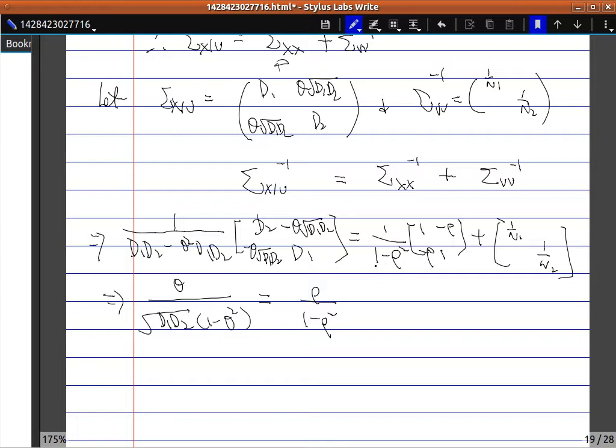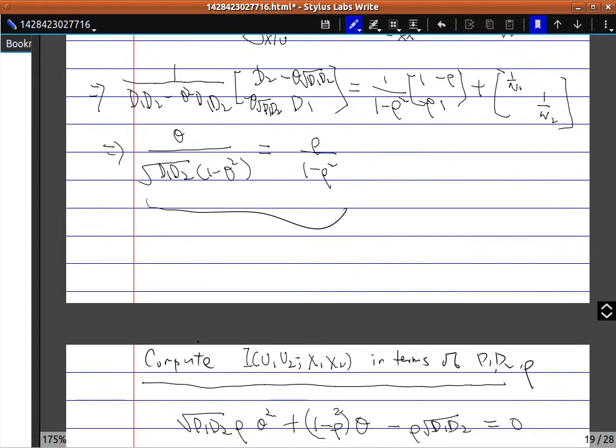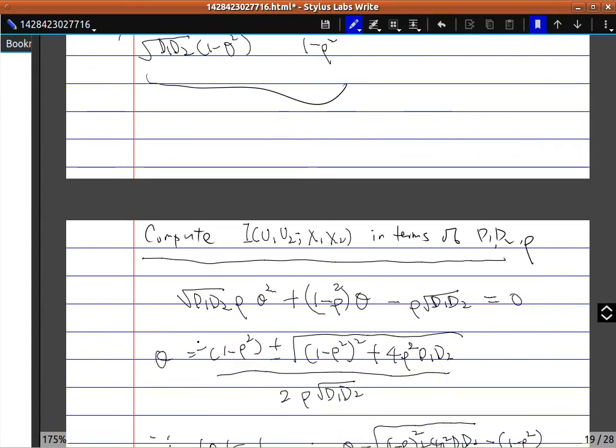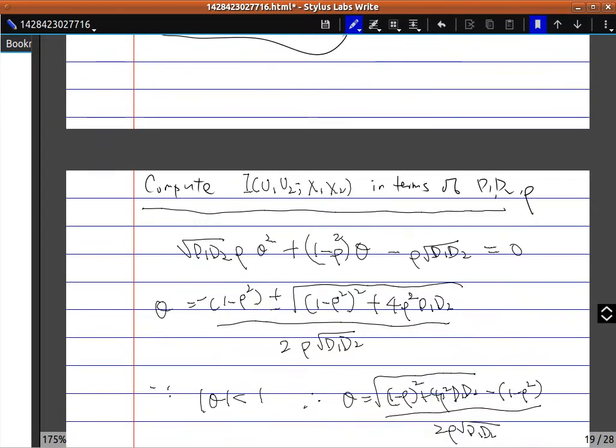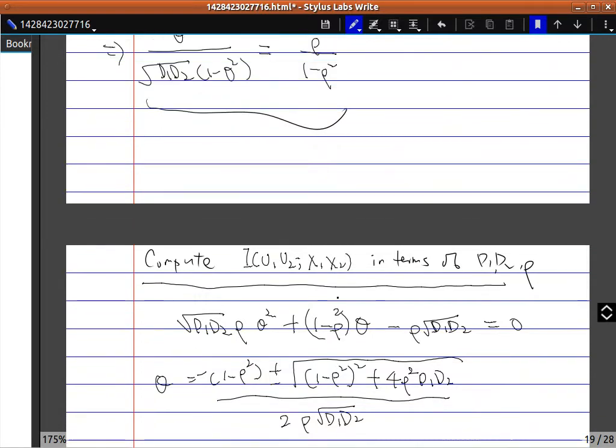And if we look at the off-diagonal term here, because this sigma VV inverse does not have an off-diagonal term, if we just compare the off-diagonal terms, it does not depend on n1 and n2. Therefore, we can get something like that, and using that, we can try to solve for theta. And that will only depend on rho and D1 and D2, but not on n1 and n2.